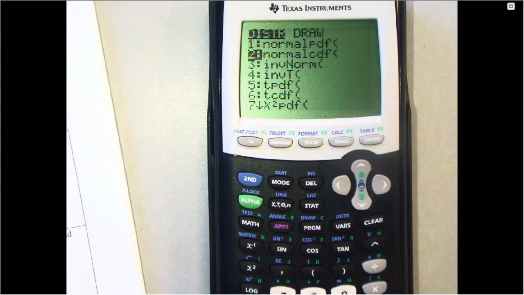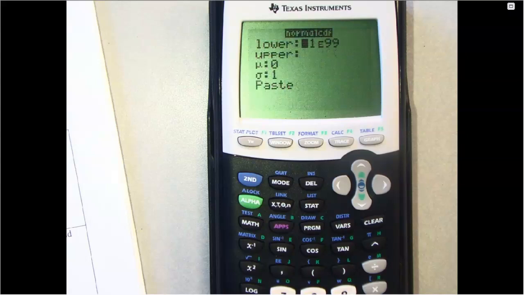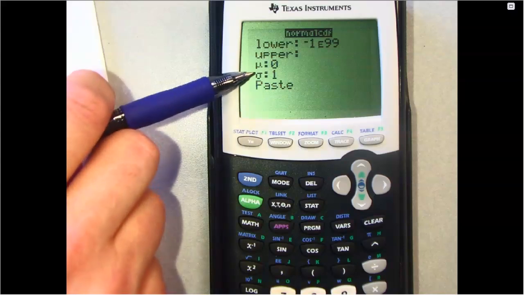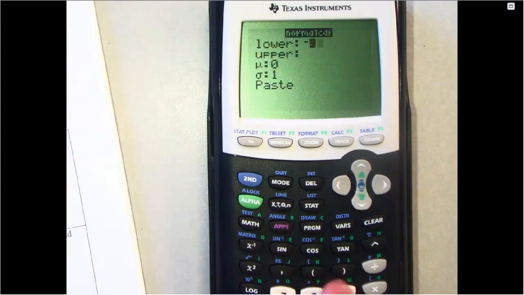So, normal CDF. And I know some of you guys, it just opens a parenthesis and that's it, right? And some of you see this menu. If you see this menu, you're not going to change the 0 and the 1. Just leave it. And I'm going to type in negative 999, comma, negative 1.25. If you have the other kind, just wait a second.